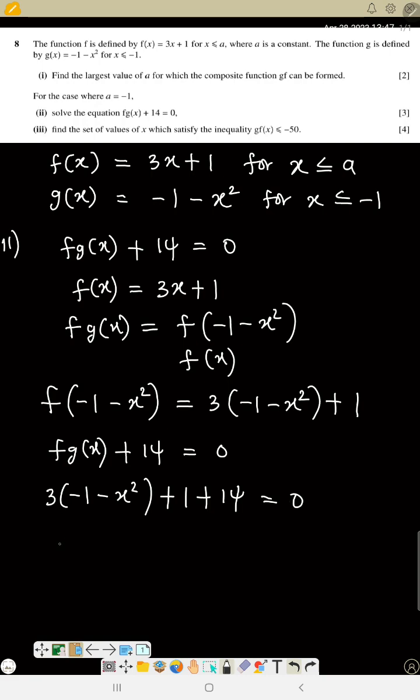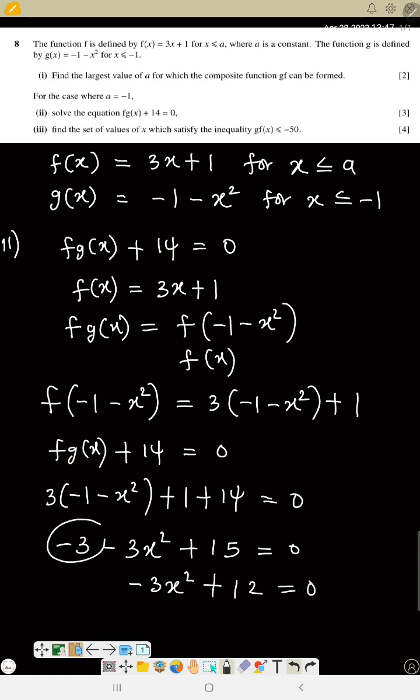So open brackets here. This is minus 3 minus 3s squared plus 15 is equal to 0. So this is minus 3s squared plus 12 is equal to 0, because minus 3 plus 15 is 12.